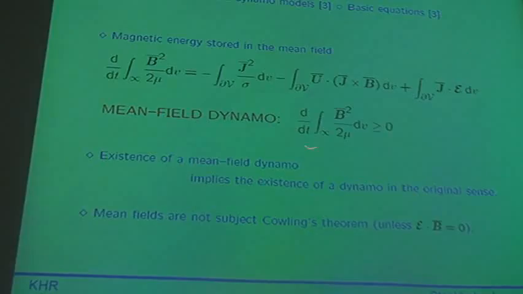Look at this energy balance. Assume there is no differential rotation. You have not this term. This is anyway a dissipative term. And if you insert for E here omega cross J, then already the integrand is equal to 0, and then also the integral. That means this effect alone cannot enlarge the energy which is stored in the mean magnetic field. You cannot have an omega cross J dynamo.